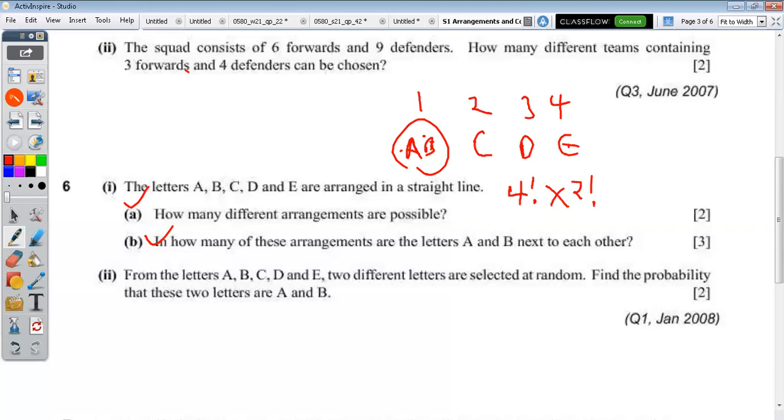Are we together? Did you understand what I said? I said 4 factorial will be incomplete because A and B are not the same letters, they are different. I can have it as AB or I can have it as BA, but still they are sticking together. So they can permute themselves twice. That's what I said last time.